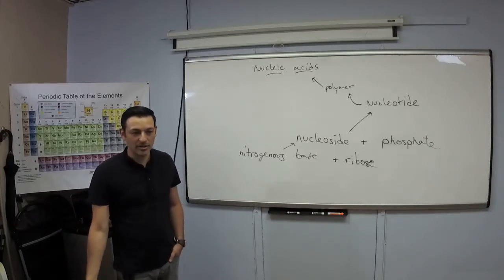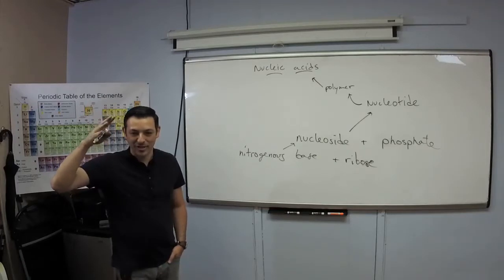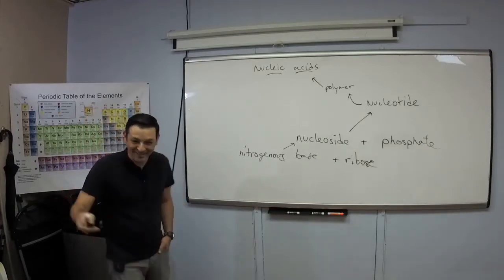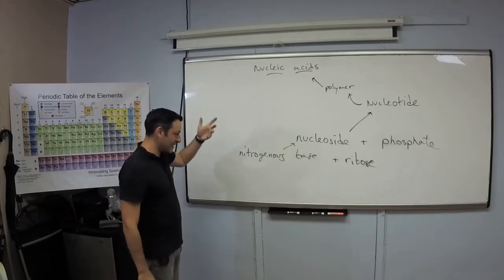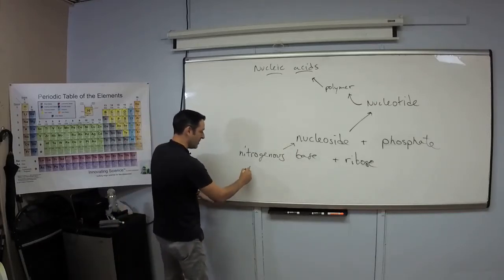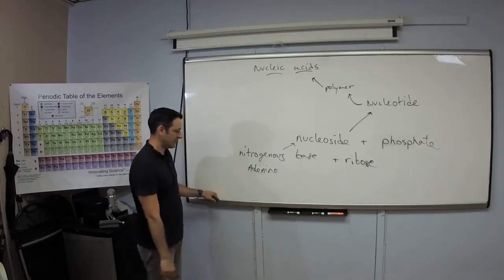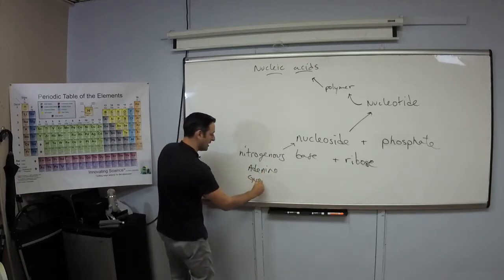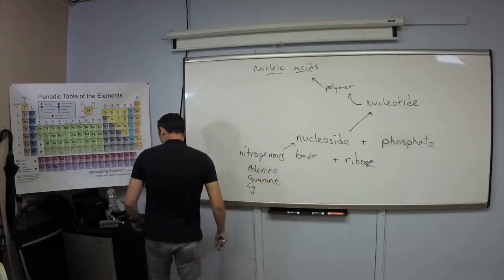Any idea of what I just said? Half the room. Some of us are shaky. It's a Monday, it's bad weather. Nitrogenous bases can be adenine, guanine, cytosine. I need more space.